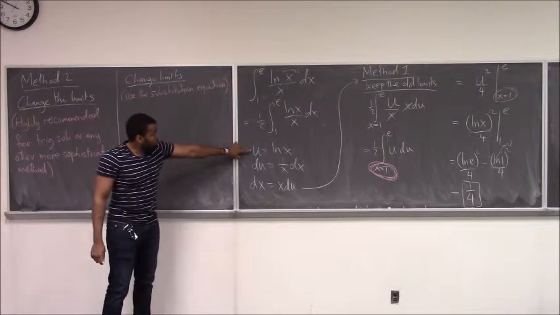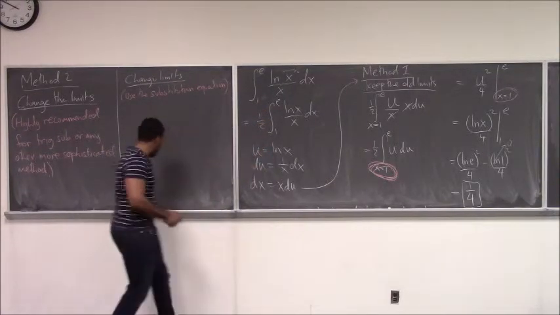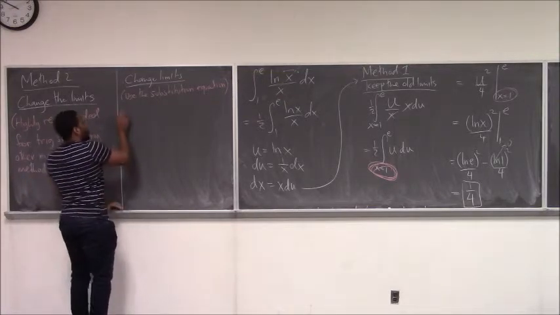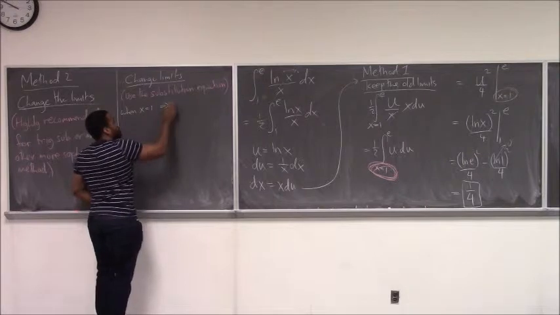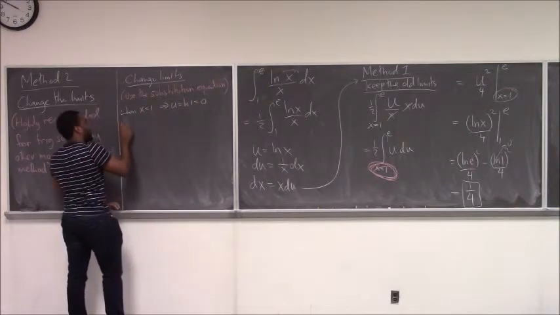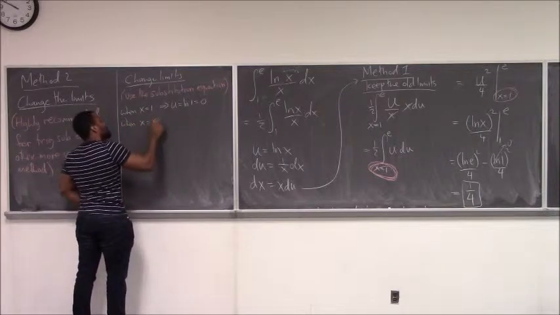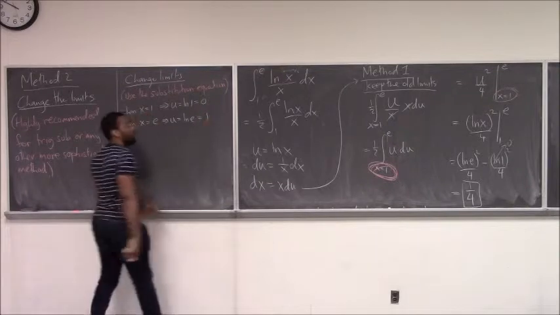So pretty much what I'm going to do is plug in x equals 1 and e into that equation. So when x equals 1, your u is ln of 1 equals 0. And when x equals e, u is equal to ln of e equals 1.